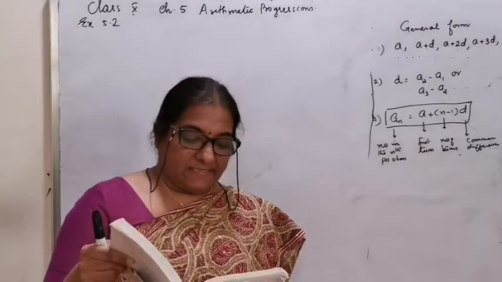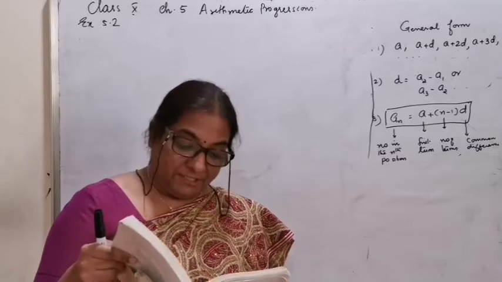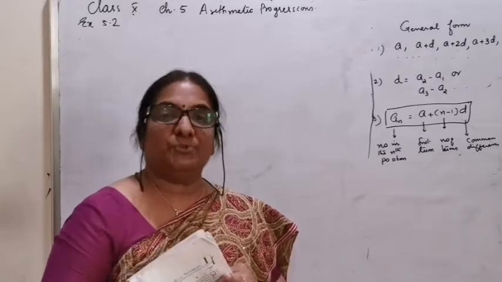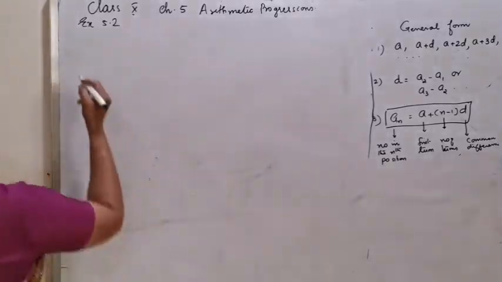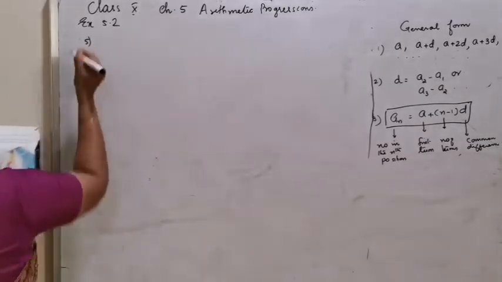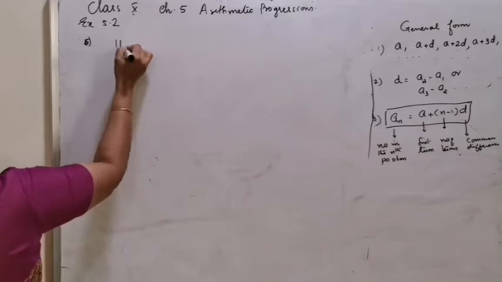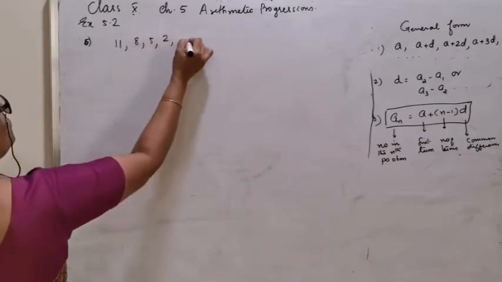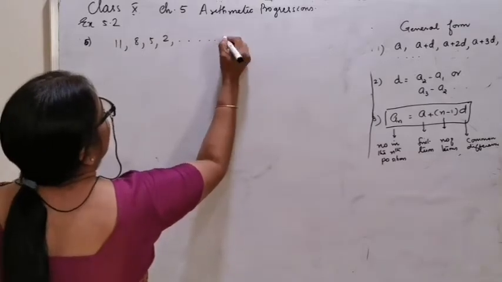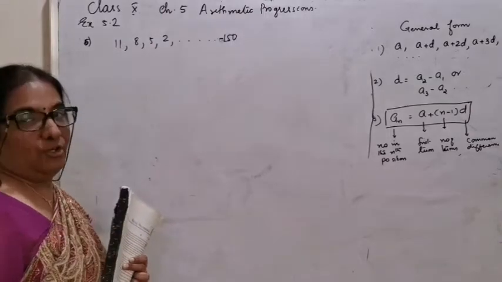Question number 6. Check whether minus 150 is a term of the AP 11, 8, 5, 2, etc. That means the question is, check whether minus 150 belongs to this AP or not.